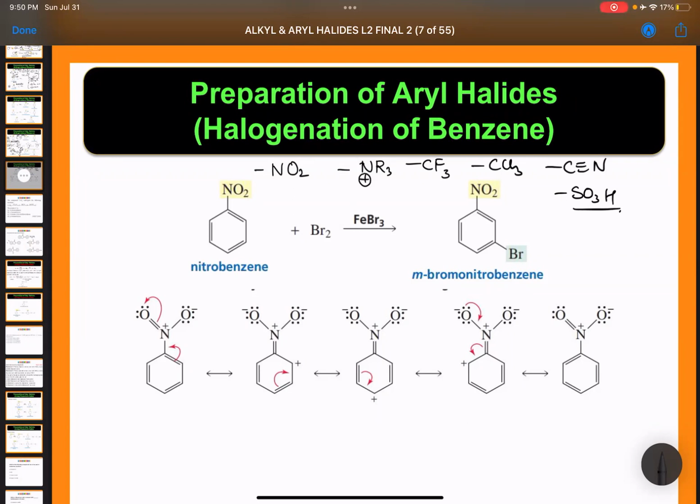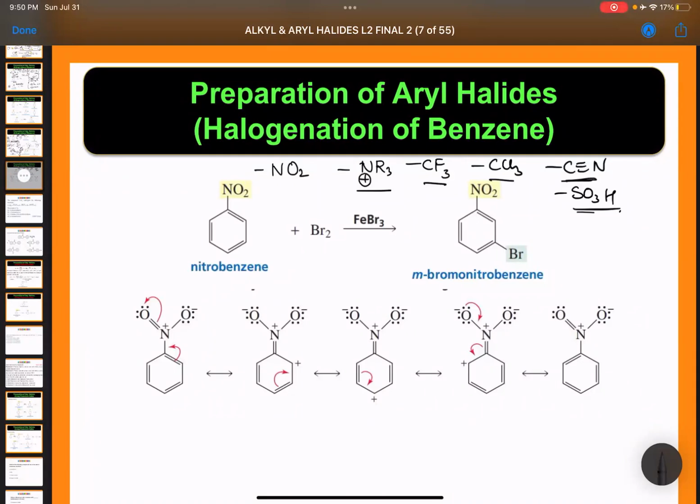There is one common feature: either they will have a plus charge, or they will have a group of electronegative atoms like in CF3 or CCl3, or they have a plus charge directly on them, or they will have pi electrons, and those pi electrons have some electronegative atom, like SO3H and CHO.